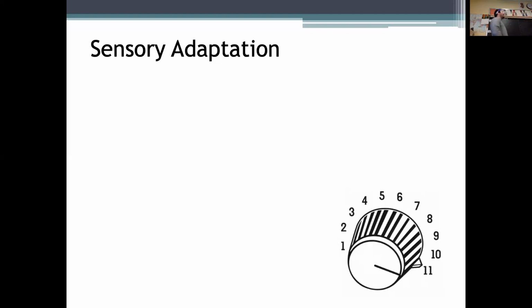It's like, at first I was really into it, but not anymore. Just kind of adapt to it. Allison? If you're trying to do homework and there's noise, you just kind of block it out after a while, right? Good job. Do you already have any examples for sensory adaptation?